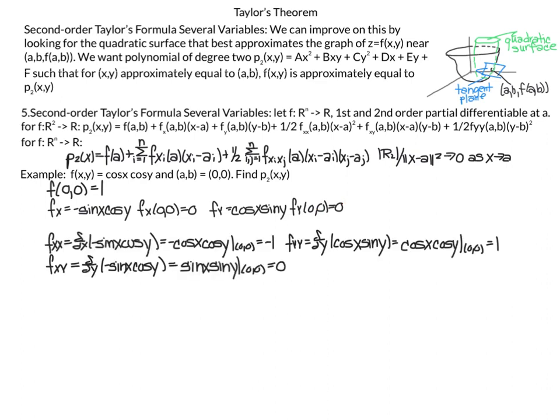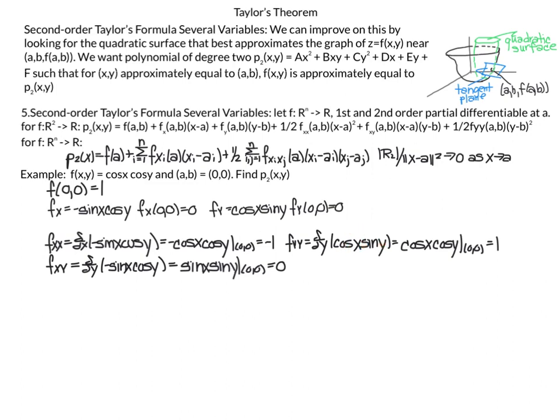Working with the second order partial derivatives, f_xx, that's the derivative with respect to x of f_x. So that will give us minus cosine y, since cosine y is considered a constant. Derivative of minus sine x would give us minus cosine x. Evaluated at (0, 0), this will give us negative 1. f_yy, so taking the derivative now of f_y with respect to y, we get cosine x sine y.